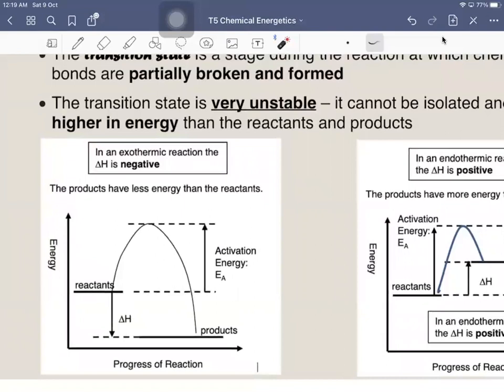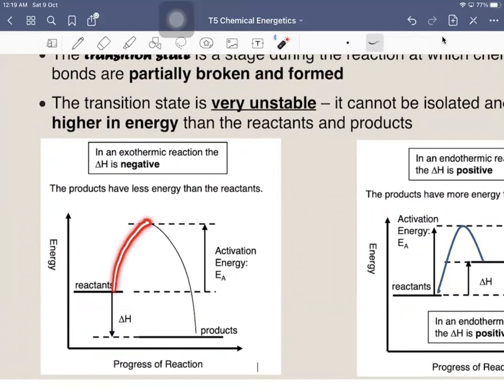Okay, so if we look at the exothermic reaction, which is on the left, you start from the reactants having some amount of energy. Okay, and then as you go along, you notice that the energy is going up. So this is what we call an activation energy, right?